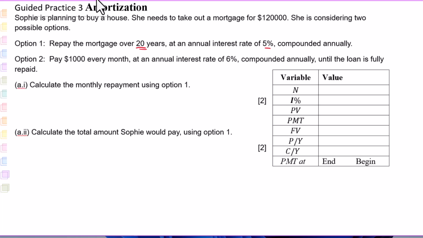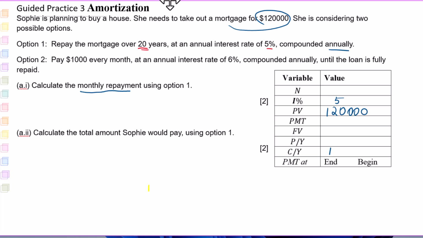A1. Calculate the monthly repayment using option 1. In option 1, mortgage is a positive present value, $120,000. Interest rate is 5, compounded annually. CY is 1.